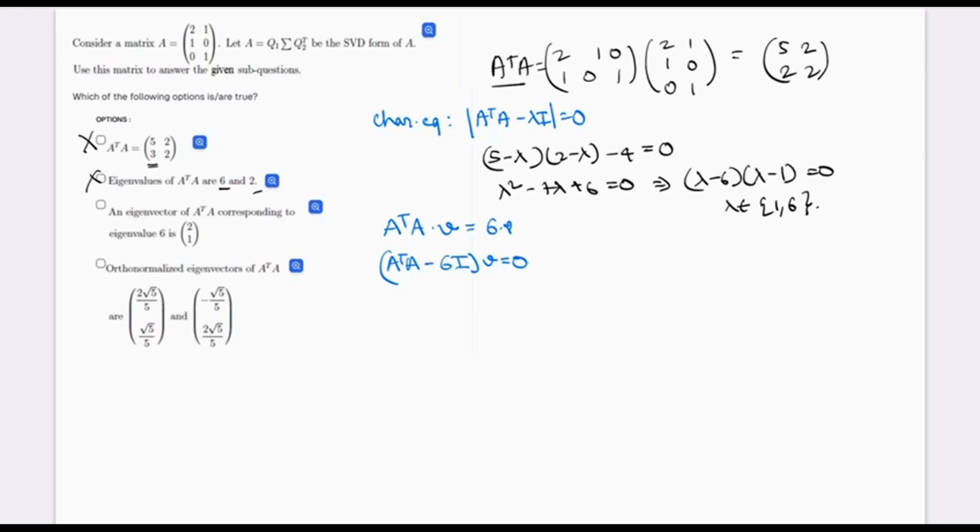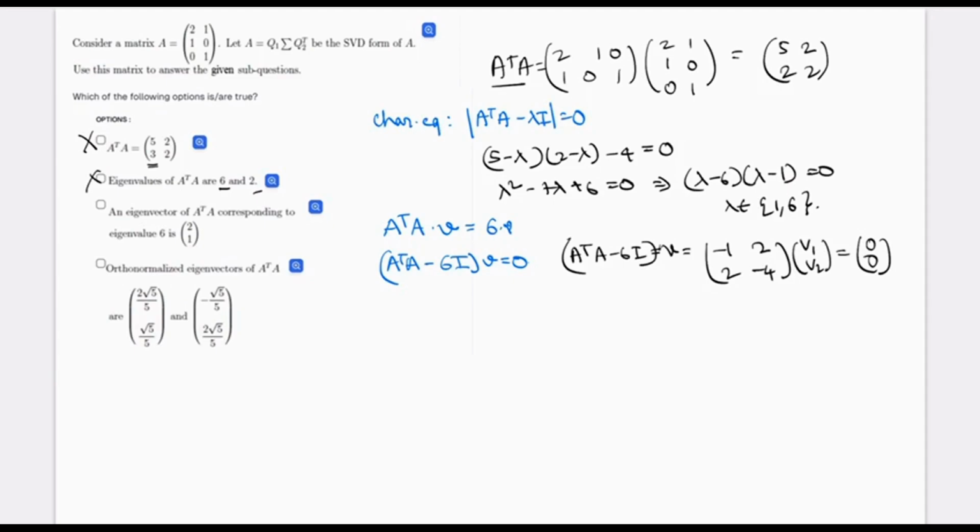So what is A transpose A minus 6I? (A transpose A minus 6I) multiplied by V is equal to the matrix [[-1, 2], [2, -4]], multiplied by V, which I write as (V1, V2), equal to (0, 0), right?